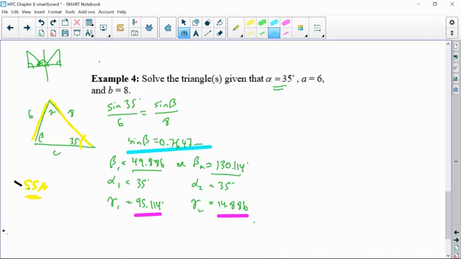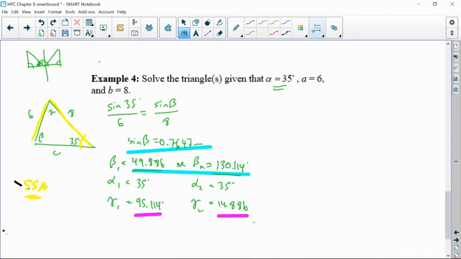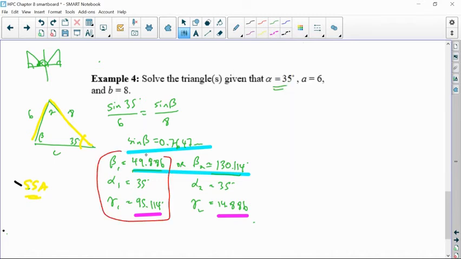So it's just that one set of angles here. The other one is based on making sure that everything adds up to 180 degrees. I know that these three angles add up to 180 degrees, and these three angles add up to 180 degrees. Now I need to find my missing side length C.